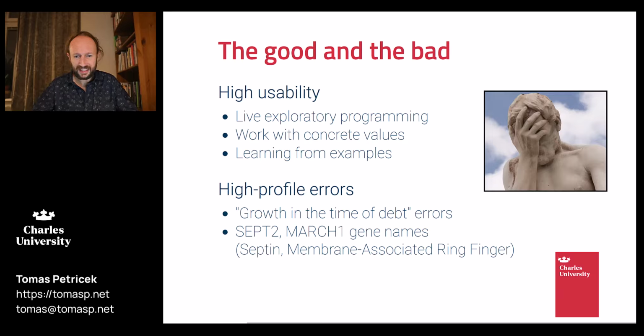Another case of an error was the case of a paper called Growth in the Time of Debt. This is an economics paper that has partly inspired governments to respond to the 2008 financial crisis with austerity, because it was saying, if you cut expenses, your economy will recover more quickly. It turns out that the paper had a number of errors.